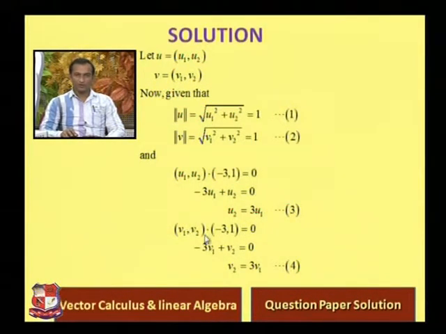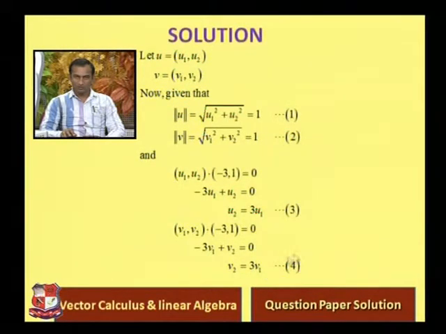Similarly (v1, v2) dot (-3, 1) is 0, because the inner product is the dot product in Euclidean inner product space. So -3 into v1 plus 1 into v2 is 0, so v2 equal to 3v1.